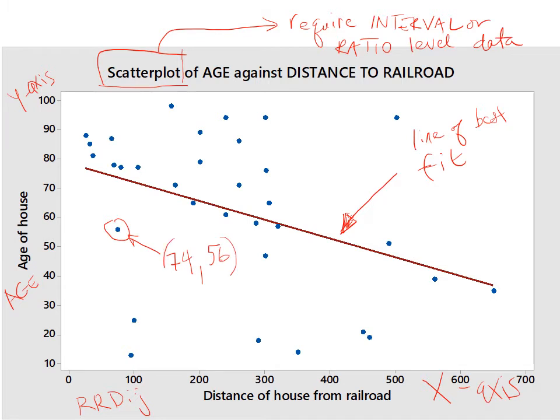So in the notation of the Cartesian coordinate system, we could write that as (74, 56). You may have already learned about Cartesian coordinates in other courses, just x, y coordinates, right?